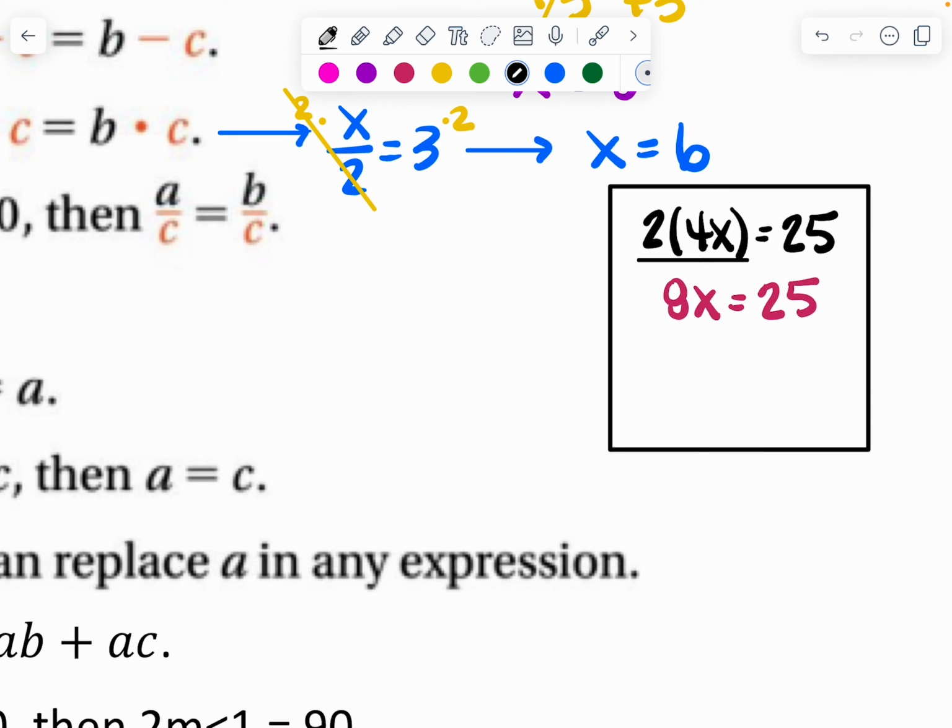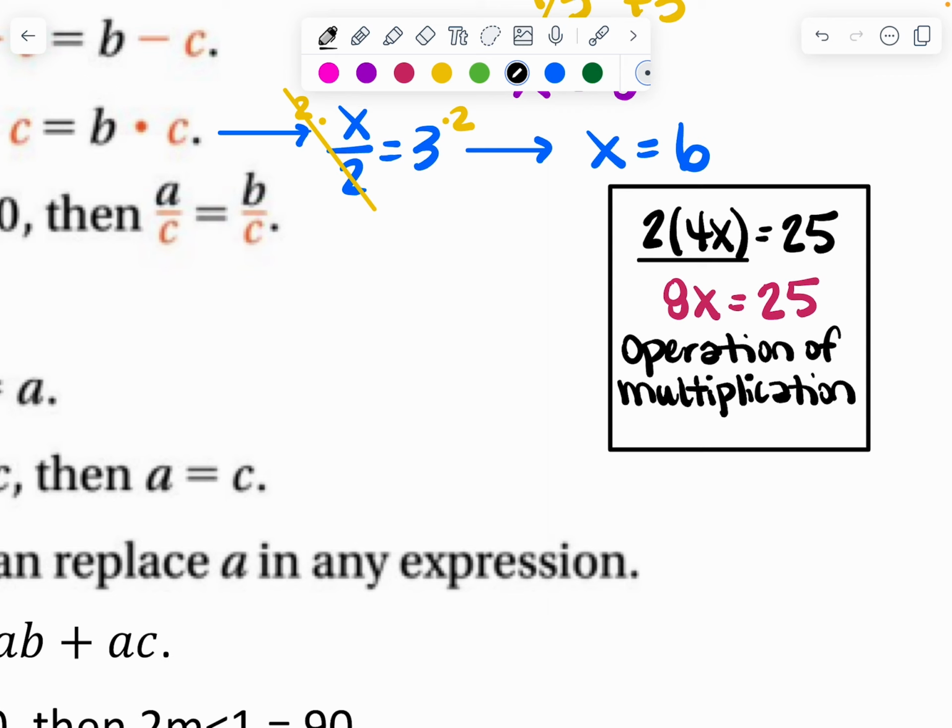So if you ever are just multiplying two numbers on the same side of an equal sign, then you're just multiplying. So you can literally just write I multiplied, or you can write operation of multiplication. And that's different than the multiplication property. And same goes for all the other ones.